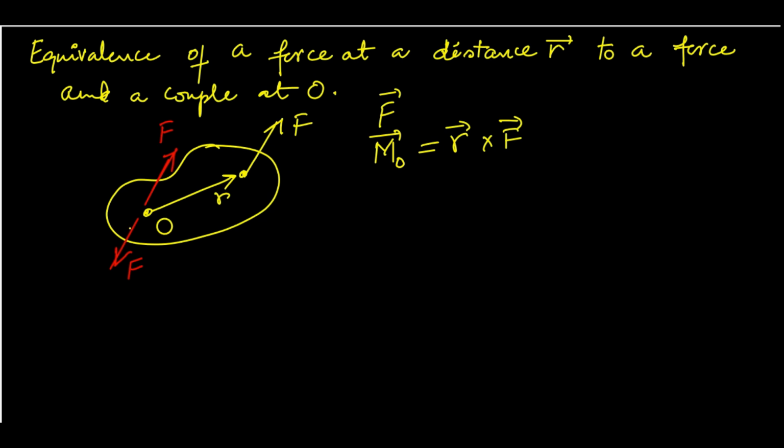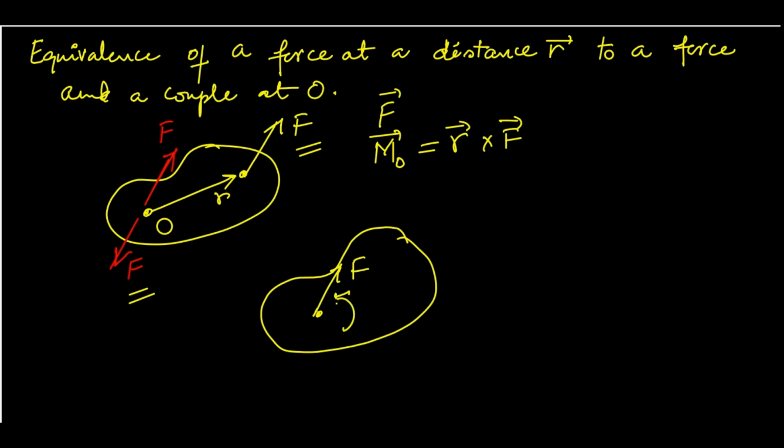Okay, so now I will replace these two forces, this and this, with a couple. So now, same system, I have one force F and I will replace this with a moment, the moment of the couple, right?